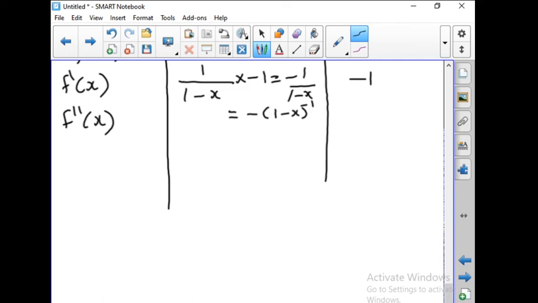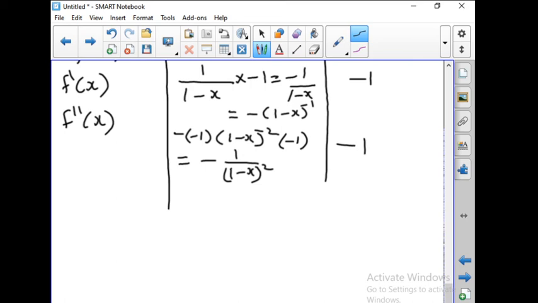So f double dash of x is minus of minus 1 into 1 minus x the whole power minus 2, into another minus 1, the differentiation of minus x. Minus into minus is plus, plus into minus is minus. So we can write it as minus 1 by 1 minus x the whole square. Put 0, what do you get again?